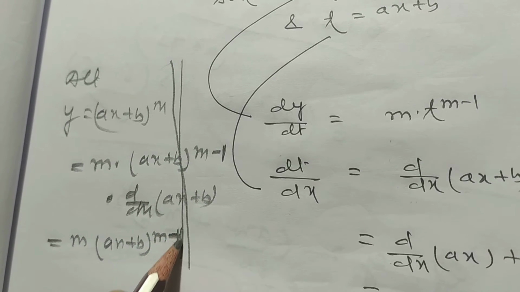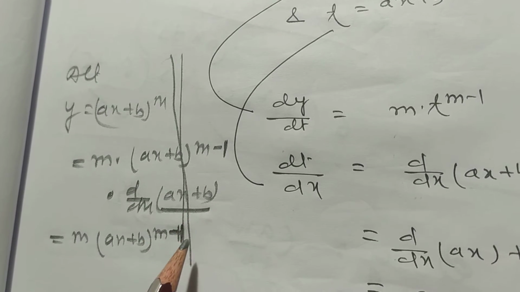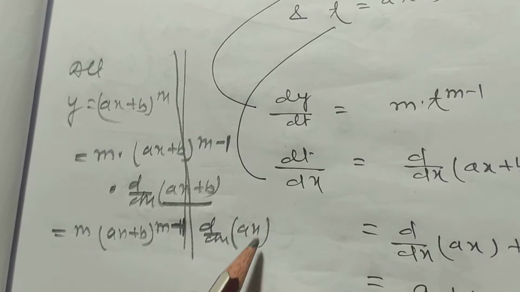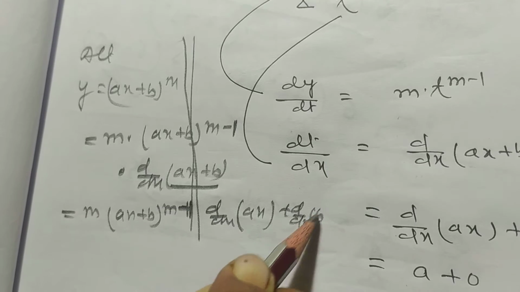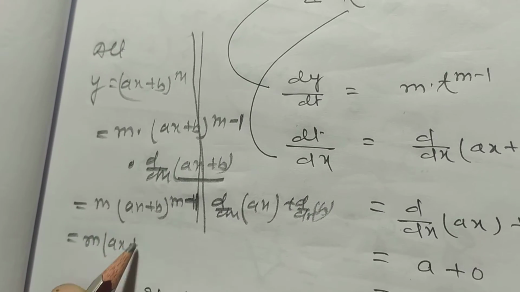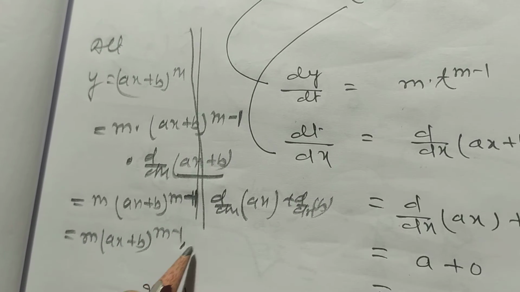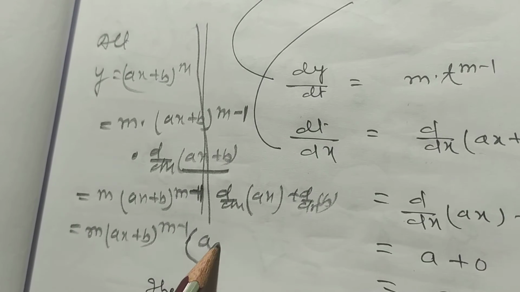And here the differentiation of ax plus b is d by dx of ax plus d by dx of b. So it will be m into ax plus b whole to the power m minus 1. d by dx of ax is a and d by dx of b is 0.